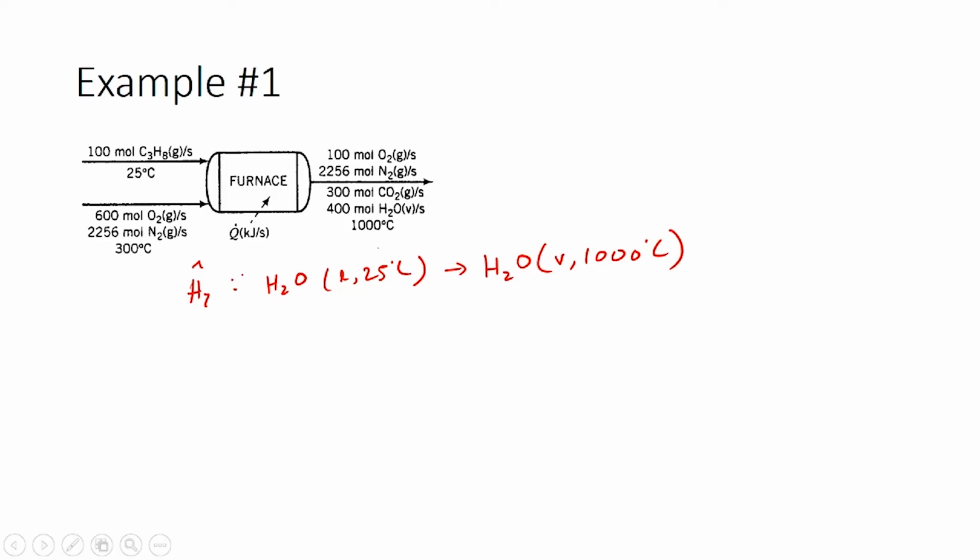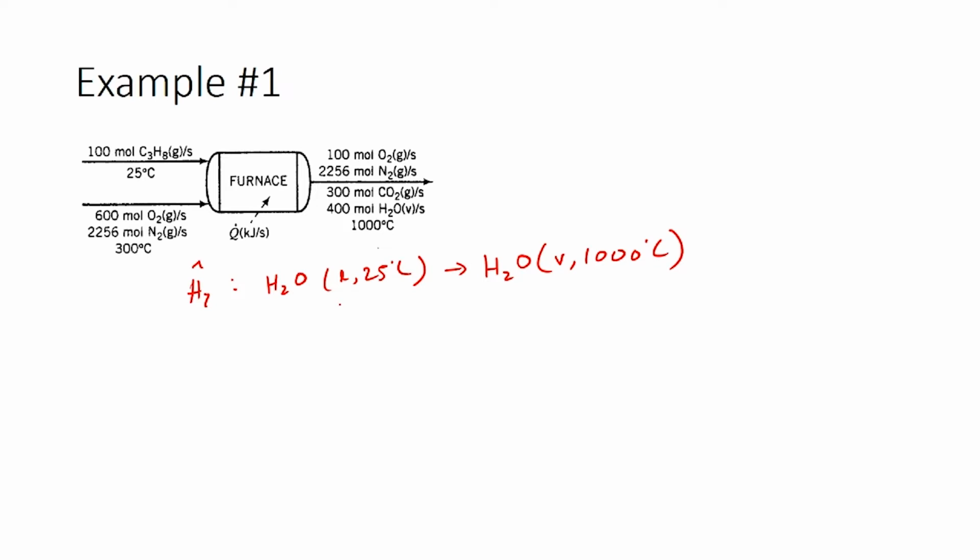This value needs to be obtained, and you could use steam tables to get the value for water liquid at 25 degrees Celsius and water vapor at 1000 degrees Celsius and find the difference, or you could perform a calculation where you have a hypothetical path built.